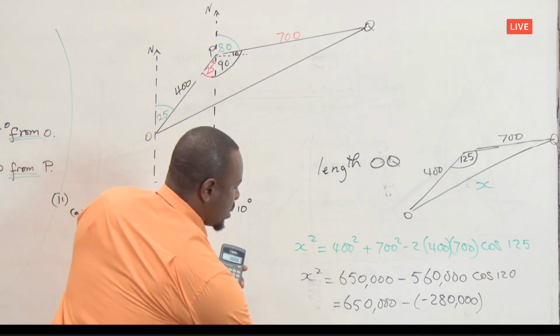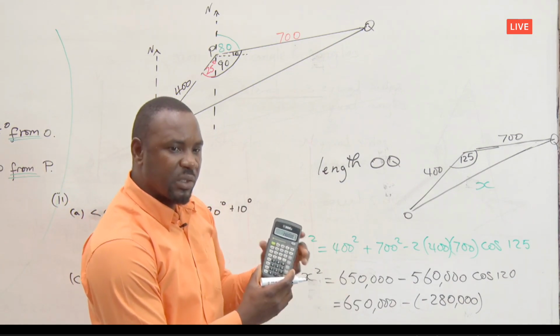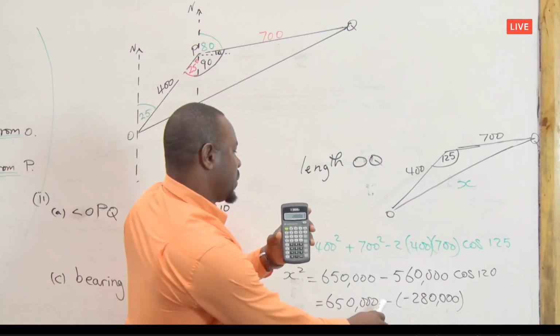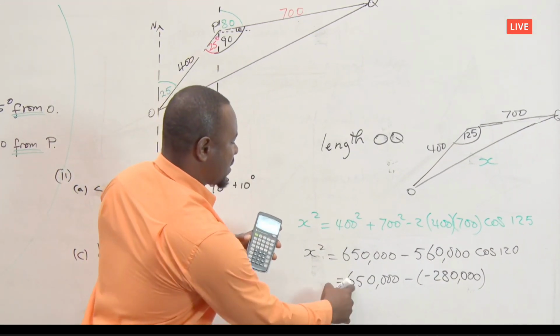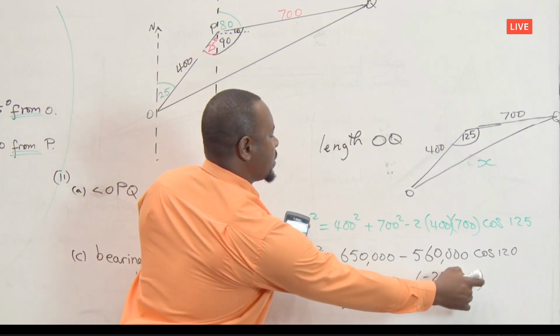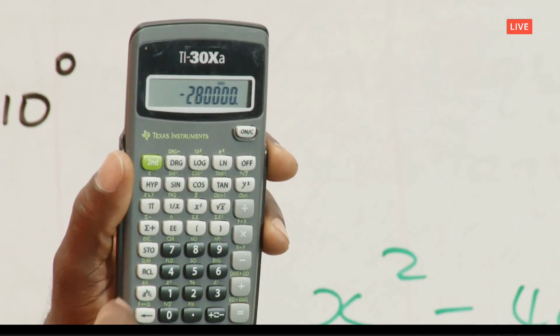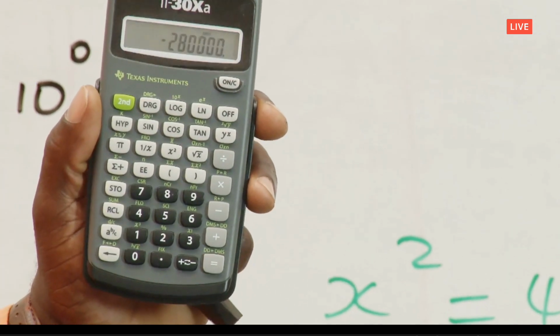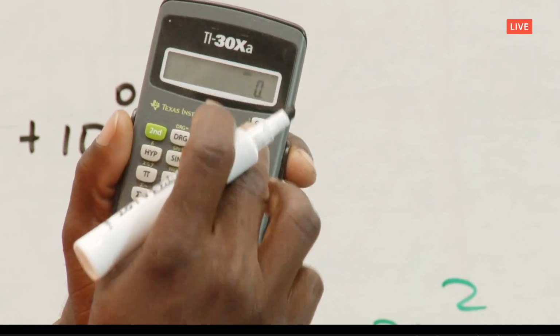Now, I'm going to simplify here. Minus and minus will meet with each other, so I'm going to end up with a positive. So this will just give me 650,000 plus 321,000. I'm going to change that to a positive, so I can erase that.